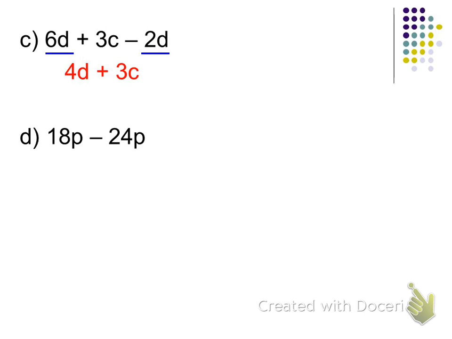All right, here's D. Like terms or not? Yes, they're both like terms here. So you're basically just doing 18 minus 24 and keeping the p. We're taking away more than we have, so we're entering the negative. And the difference between 24 and 18 is 6, so negative 6p.